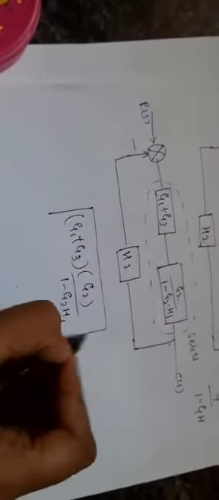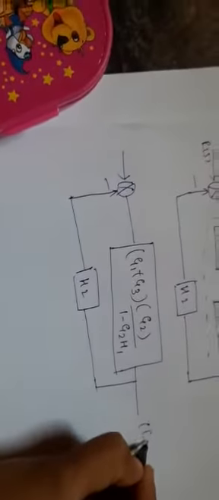We can replace it by one single component and keep the other as it is. This one is minus, this one is H2, this one is C of S output, this one is R of S input.